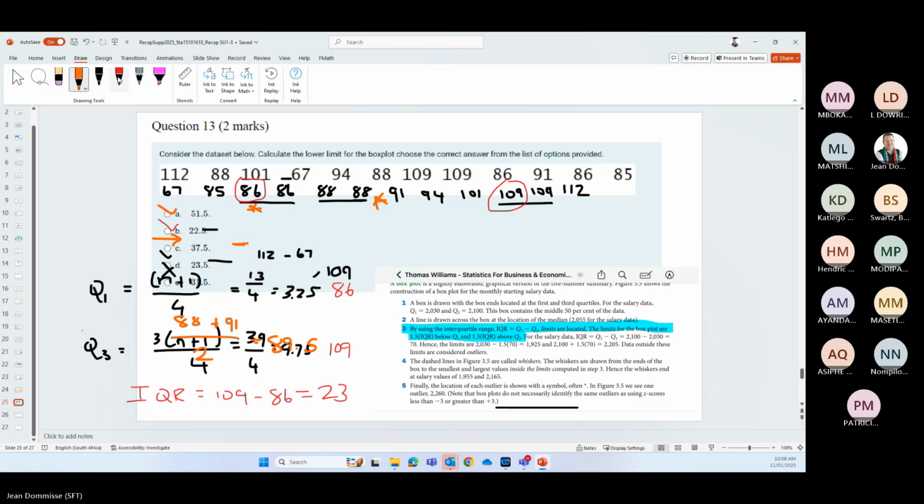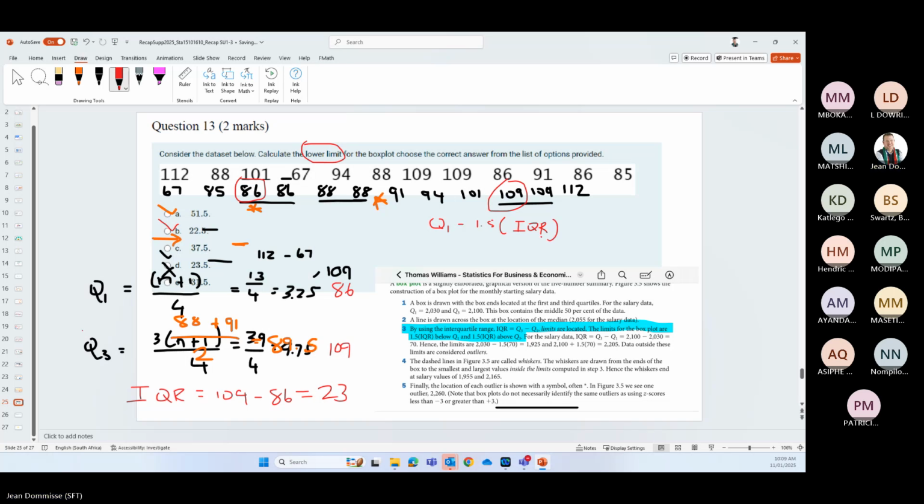So lower limit is not quarter one. So lower limit is basically, if you look at this formula, quarter one minus 1.5 times your interquartile range.